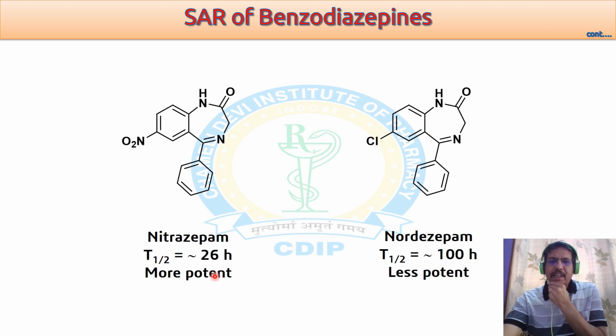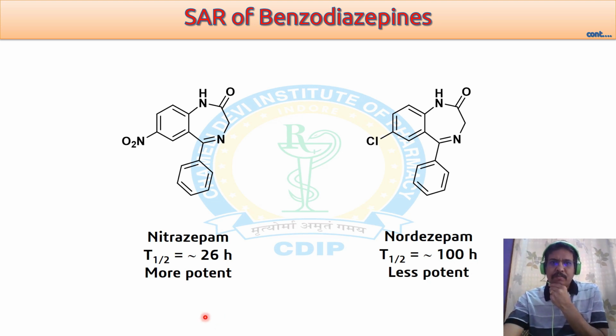So here you look, the T half of nitrazepam is approximately 26 hours, but at the same time if you go for nordazepam, it has the longest duration of action because its T half is 100 hours, and this T half is the average of the limit, that is the lowest and highest one.